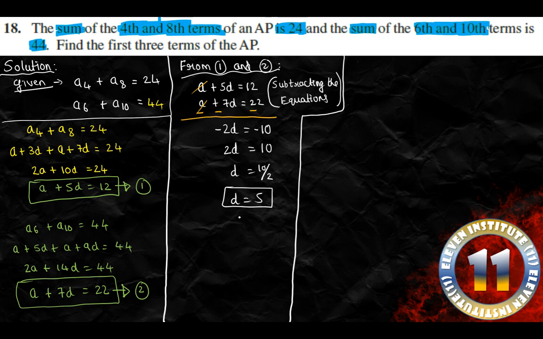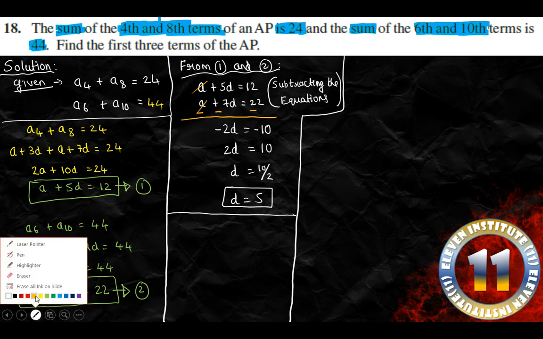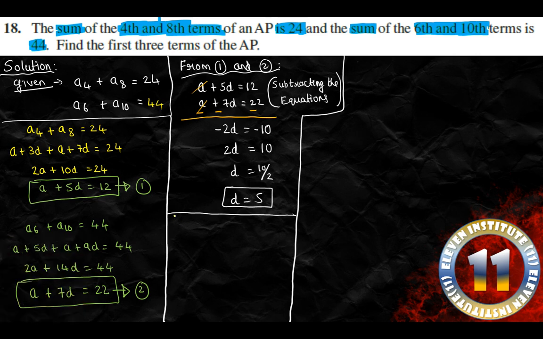Now what we have to do is substitute this value of D in any of the equations, either 1 or 2, whatever you wish. So we can write over here substituting D is equal to 5 in equation number 1. So we will write equation number 1 as it is: A plus 5D is equal to 12.